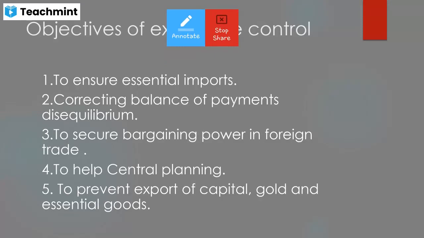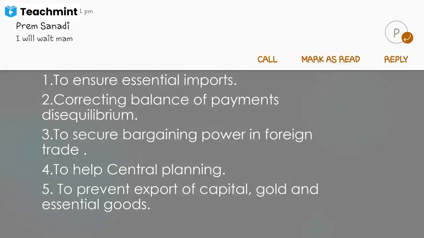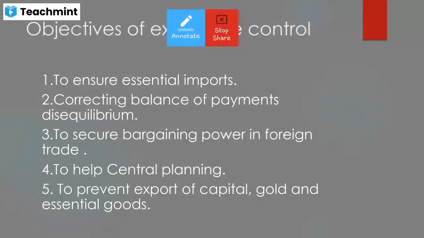The first one, to ensure essential imports. Exchange control may be adopted by the government to ensure the necessary imports and to avoid the wastage of foreign exchange by checking the unnecessary imports. If there is no control, then automatically what happens?